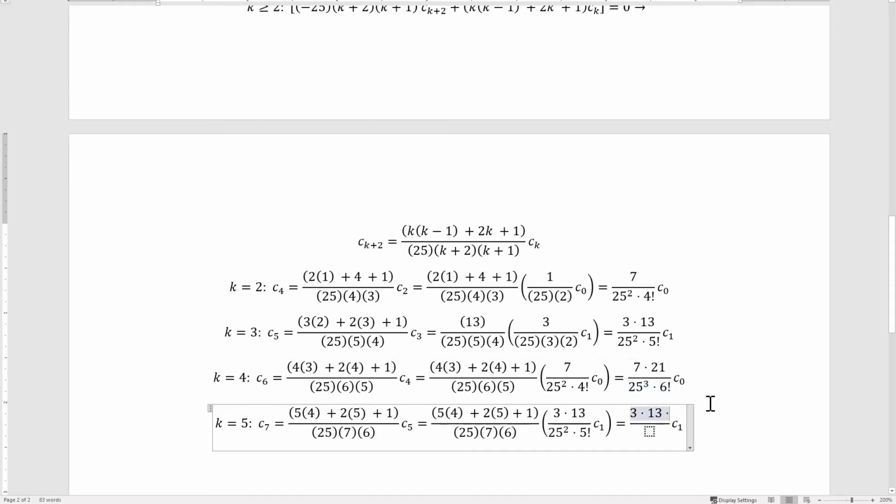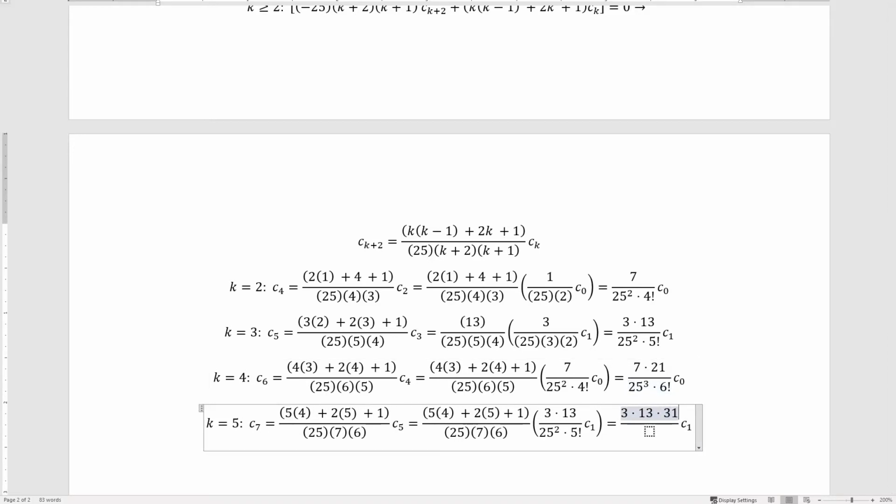So let's go ahead and put that value there, and then we have 25 squared times 25, so that's 25 to the third power.